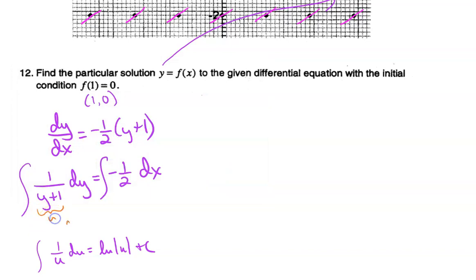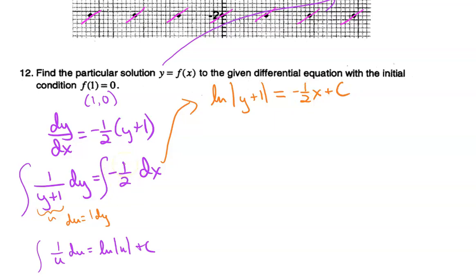So this is u, du is 1 dy, which is what we have, so we don't need to manipulate the coefficients. The antiderivative of 1 over u is natural log of u. So this gives us the natural log of the absolute value of y plus 1. And then on the right side, -1/2 x, or -x over 2, plus c. This -1/2 is just a coefficient.